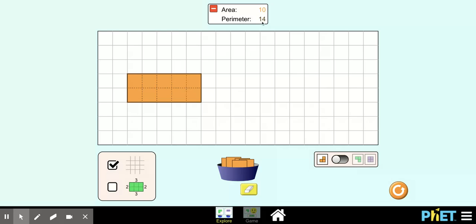So here I have an area of 12 units squared. Currently, the perimeter is 16 units. I know that the perimeter is going to be 16 units because I can measure it. I have 2 units this way, and I have 1, 2, 3, 4, 5, 6 units this way.